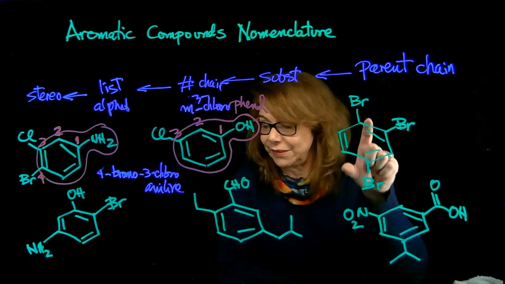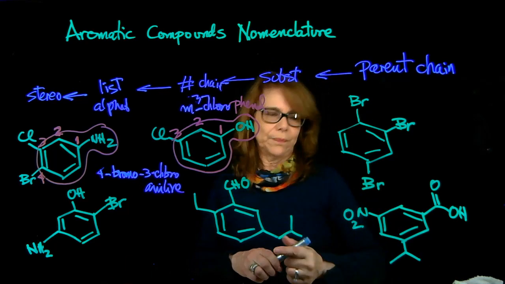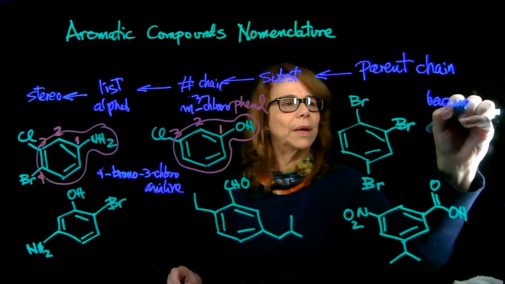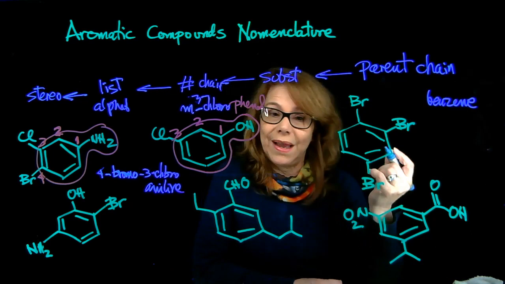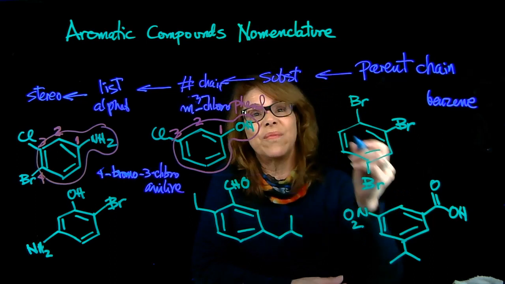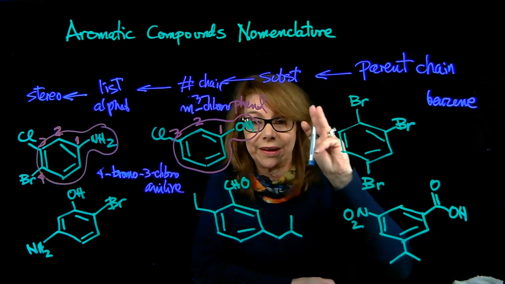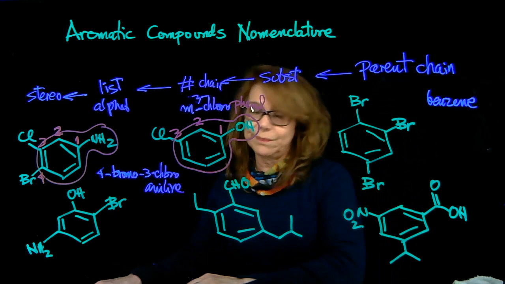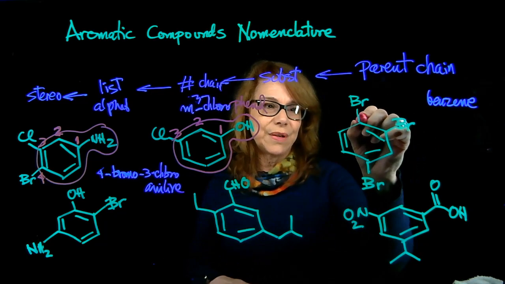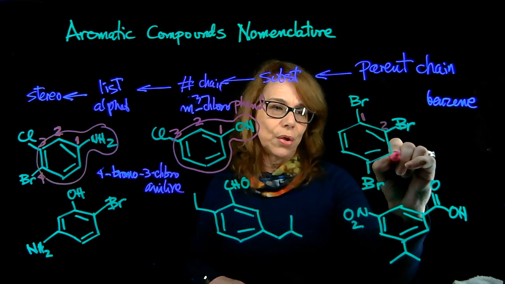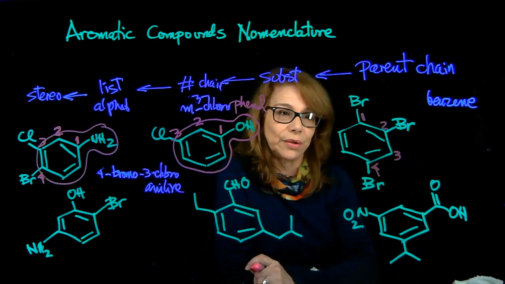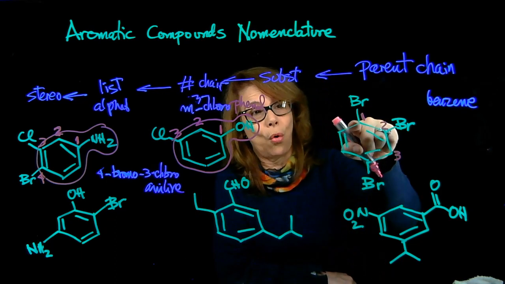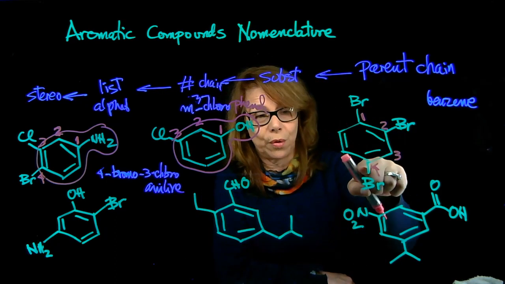Now, in the next example, I just have 3 bromine substituents in a benzene. So my parent chain is benzene, so I'm going to start writing that. Now, I have 3 bromines, so the substituent name is bromo, but I have 3 of those, so this is tribromo. Now I'm assigning numbers. If we do 1, 2, 3, and 4, substituents are going to be in 1, 2, and 4, which is better than if I do it the other way.